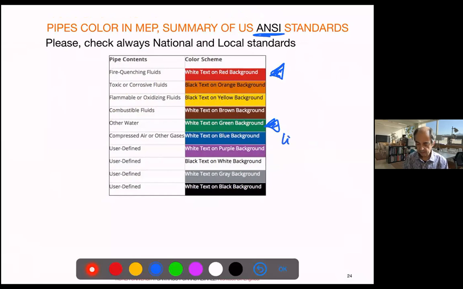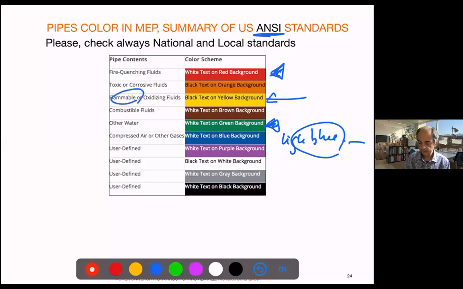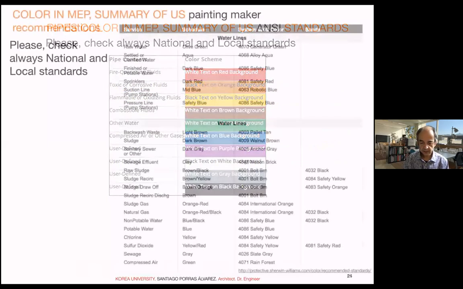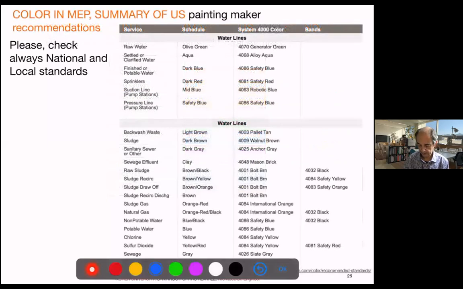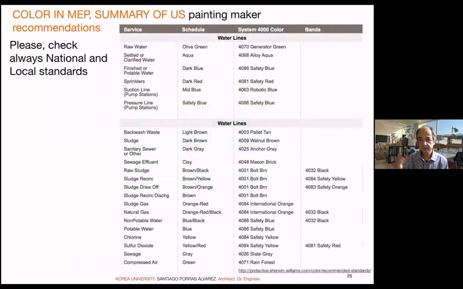Actually, light blue or just blue is the drinking water, so that's a bit ambiguous. And yellow is usually flammable, but usually it's just for gas, right? And there's another standard from painters with a bit more detail, which you may want to refer to.